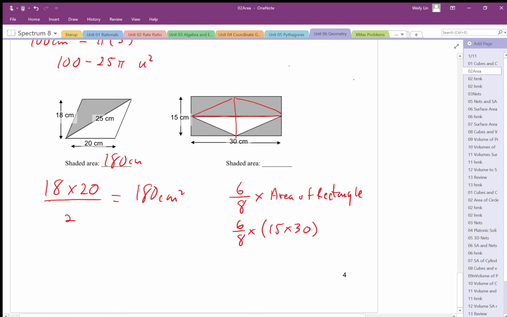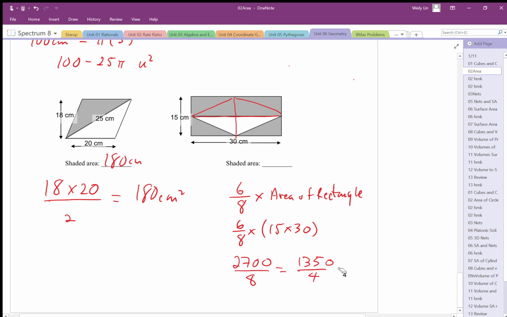3/4 of 450, it's going to give me a decimal value. Actually, I'm just going to leave this in fractions here because I have some common factors. I'm going to cancel out a common factor. It's going to be 90 times 30, so 2700 in the numerator over 8, and that would simplify to 1350 over 4.